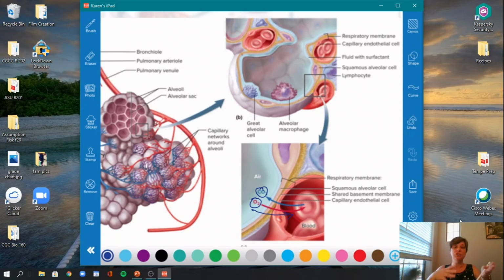Conversely, on the other side, you have the blood coming back from the tissues, which is carbon dioxide rich. So you'll see that carbon dioxide move to the area of less pressure and more space to diffuse out of the blood.